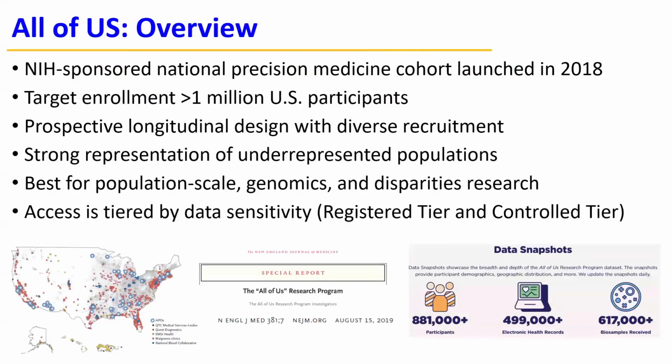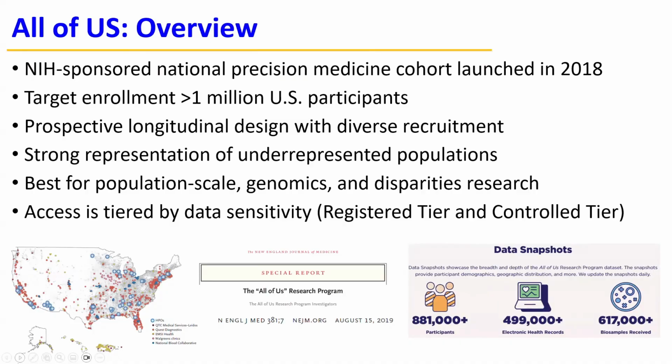First is the All of Us database, which is really NIH-sponsored research. It started in 2018, and in 2019 they published a paper in the New England Journal of Medicine about the rationale for this research, what data is available, and what kind of information is useful for research. If anyone wants to use this data, I encourage you to read this paper.